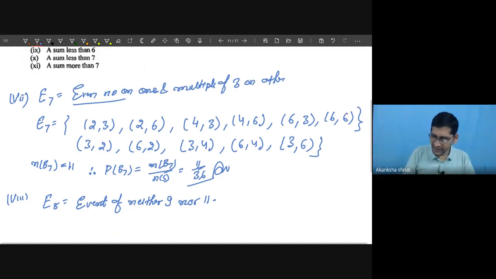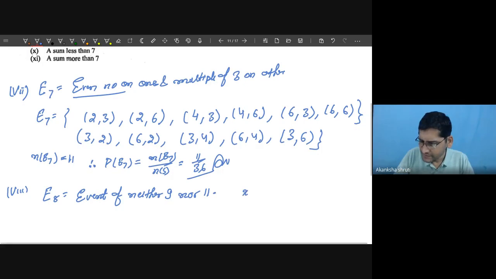Neither 9 nor 11 means x plus y should be how much? For the outcome x, y that we are taking, one die can have a minimum of 1, another can have a maximum of 6.